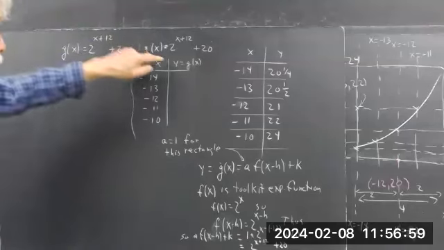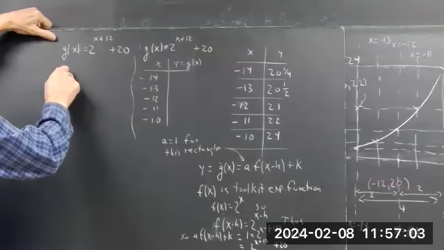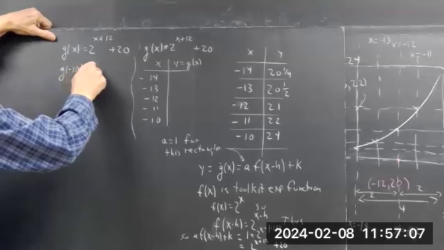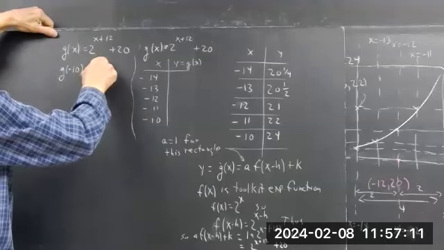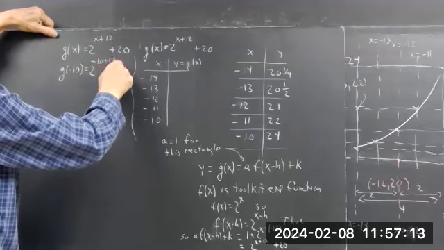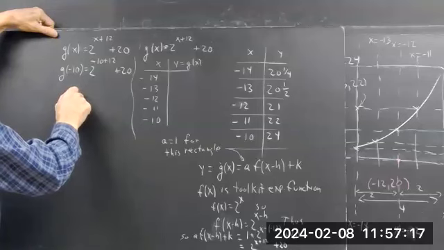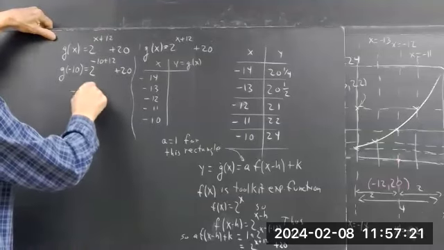Okay, there's your g of x, the same as what I wrote there. So g of -10 is what? X is replaced by -10, and -10 plus 12 is 2.